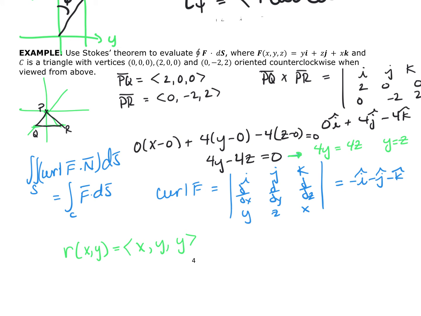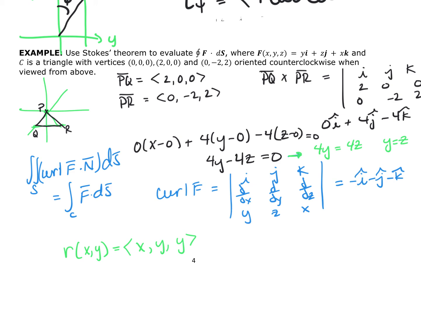The reason that I have to have x, y, and y is because I don't have any relationship between x and the others. I have y and z, but I don't have x and z. So x is going to change along here or along any of the other ones. So it's going to be (x, y, y), because z is going to be in terms of y.